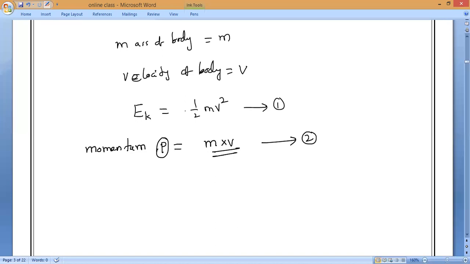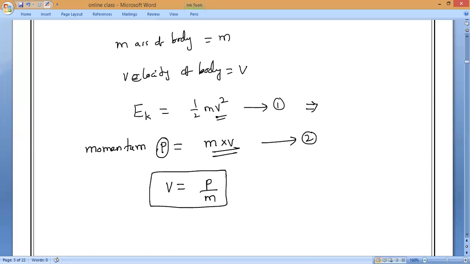Yes, please. Here if you notice, Hari, tell them what you have to do now. Sir, now you have to find v, sir. Very good. So from which equation do we find v?